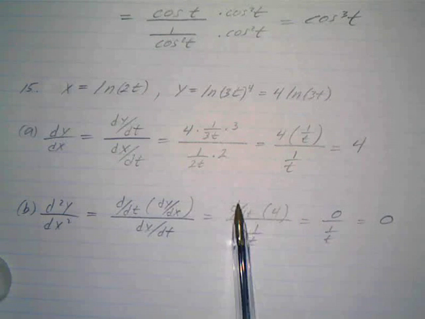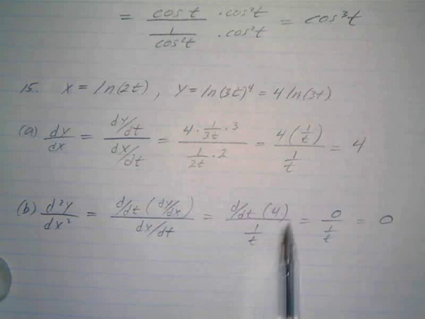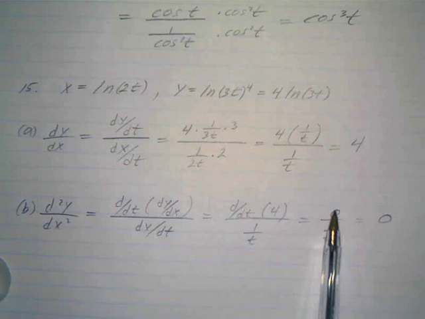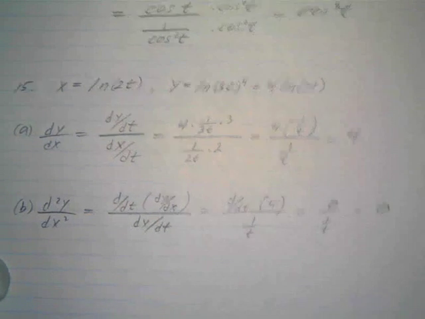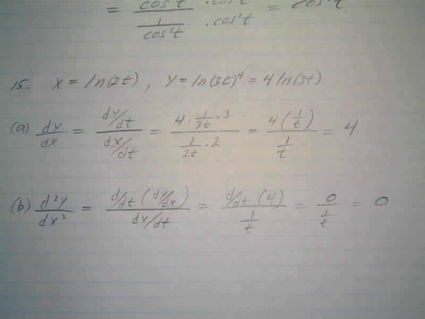Well, we're going to take the derivative of 4 all over 1 over t, but the derivative of 4 is 0. 0 over 1 over t is 0, so that was our second derivative at 0.